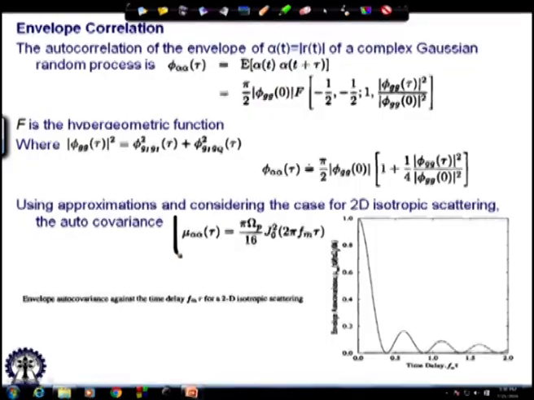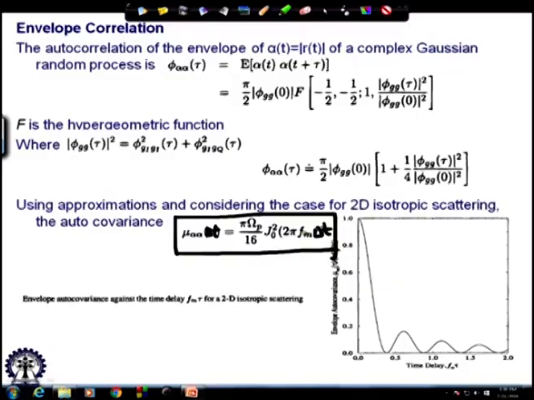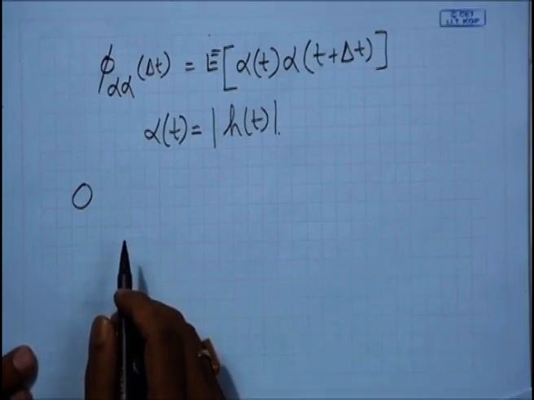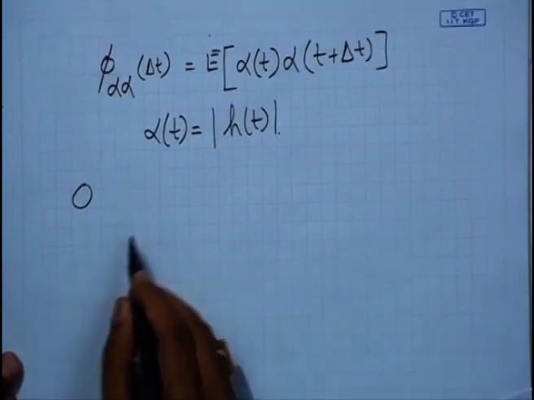So, this particular expression, these results are taken from Stuber. I have used the descriptions from Stuber. So, basically what we have is phi of alpha alpha delta t.